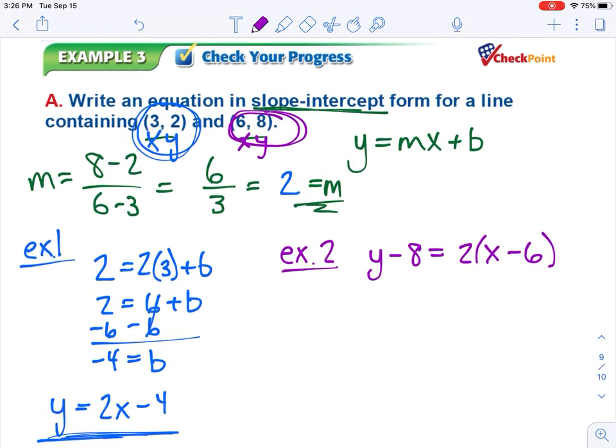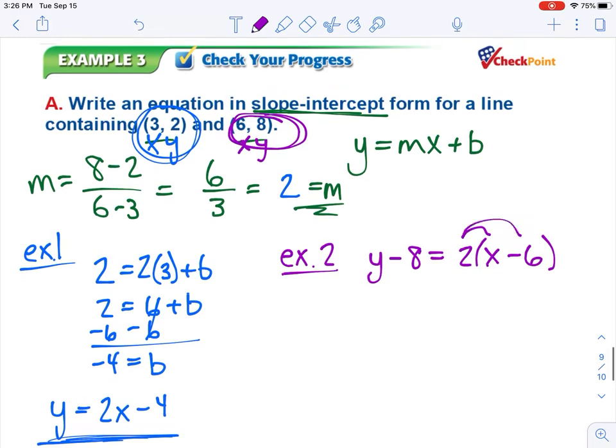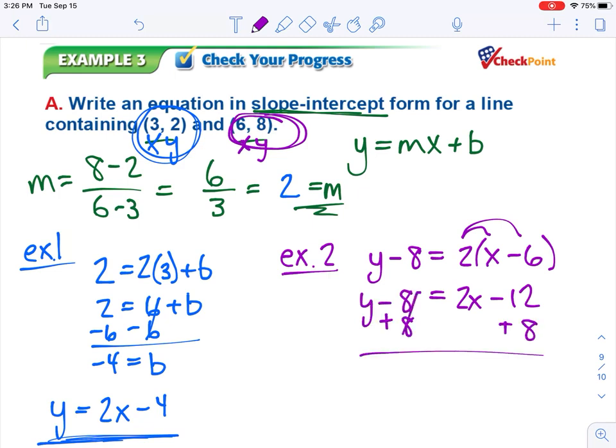I must distribute. So this is my point-slope form. Now I'm going to solve and find my slope-intercept form. So we have 2x minus 12 equals y minus 8. I will add 8 on both sides, and I have y equals 2x minus 4.